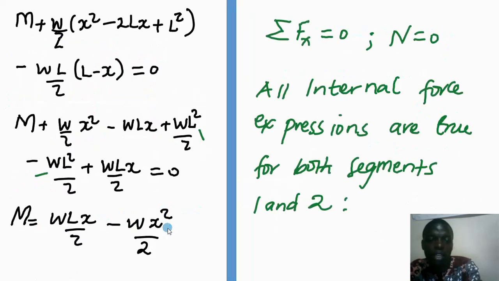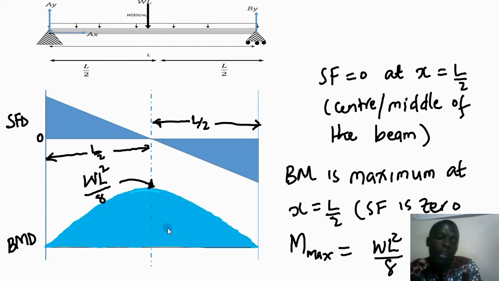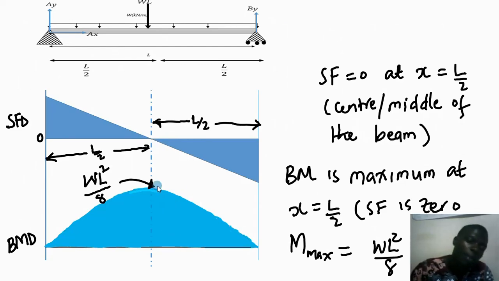So bringing wL squared out of 8 as the maximum point here, we also know that this is going to be a curve. Where there is a uniformly distributed load, the bending moment diagram is going to be a curve.